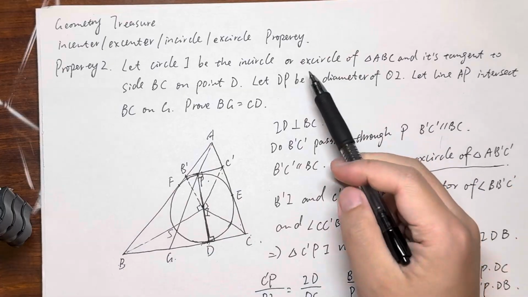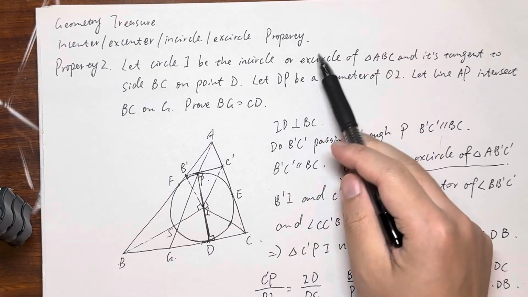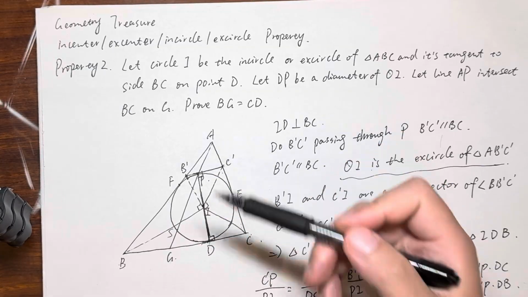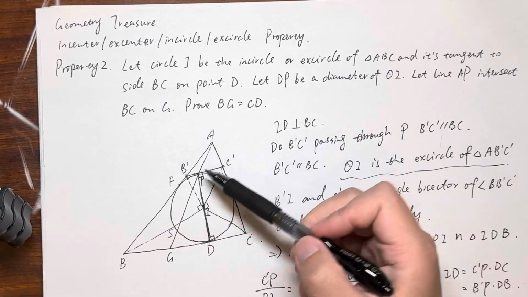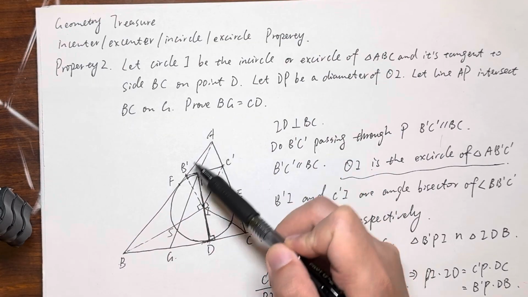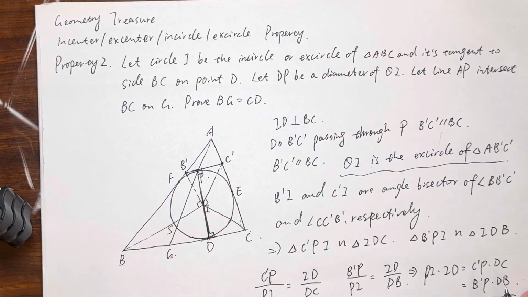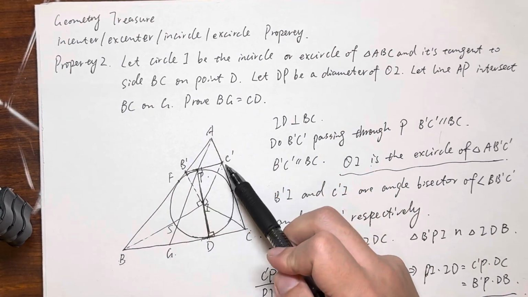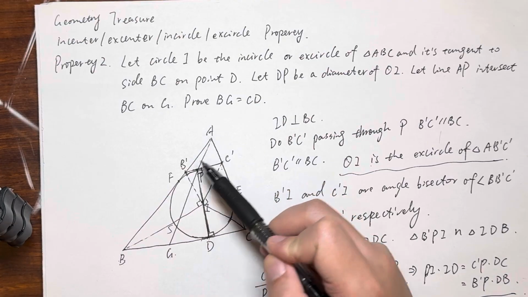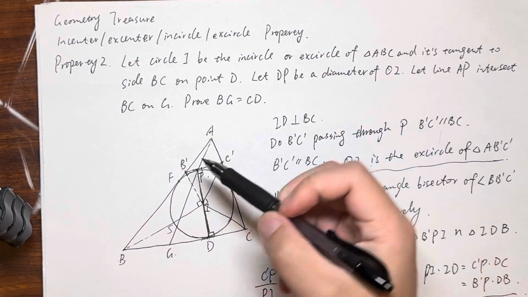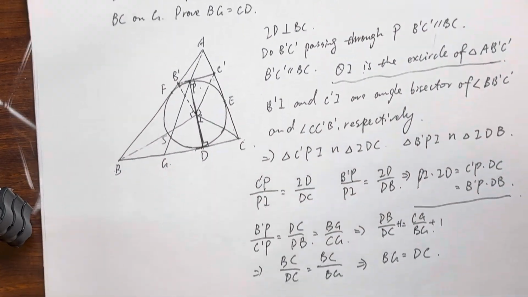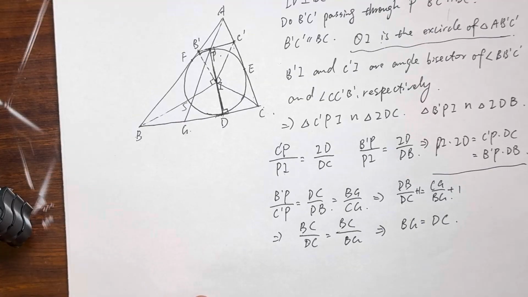And for the case that circle I is an excircle, we just need to prove that it's similar for the case of B prime, C prime. In triangle A, B prime, C prime, let me draw this figure, maybe it's easier.